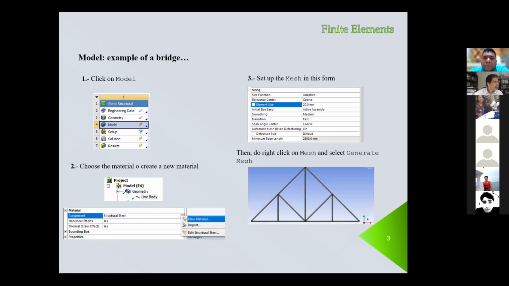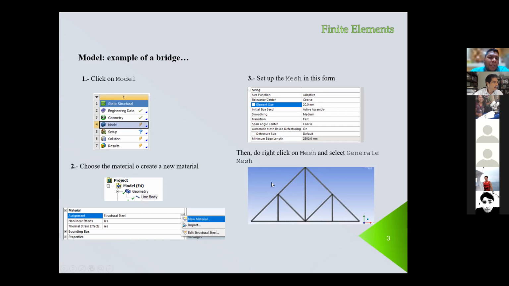Okay. Then in mesh, you can set up the element size. In this case, we will use 20 millimeters. Remember the units.